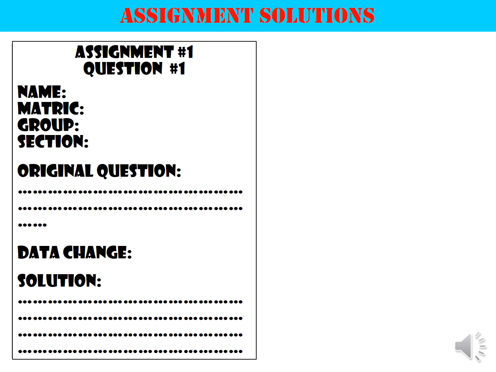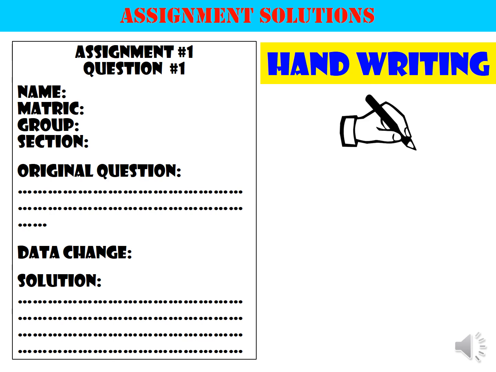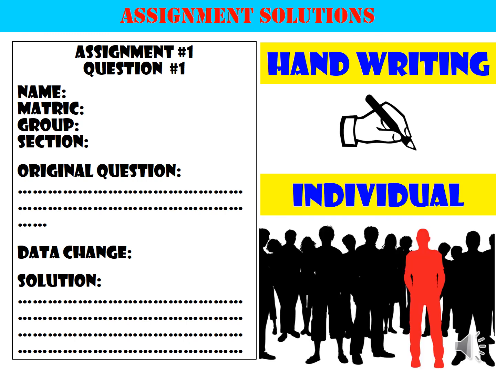Remember that you need to use your handwriting for your assignment solution. And this assignment actually is an individual assignment, not a group assignment. So each student needs to submit the assignment solution.